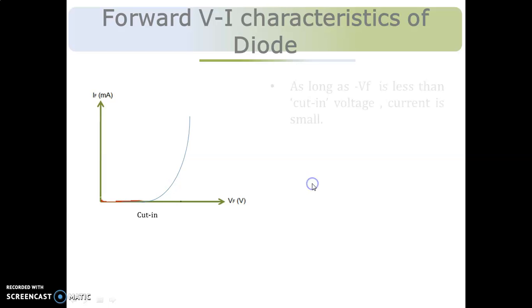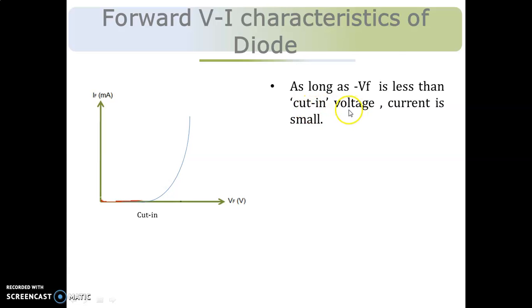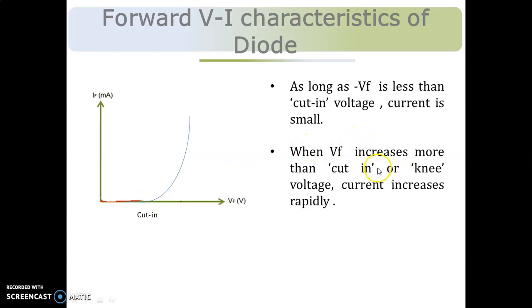So, as long as the VA forward voltage is less than the cut-in voltage, the current is very small. After the cut-in voltage, current increases rapidly. Now, the cut-in voltage for silicon type of material is 0.7 volt and for germanium type of semiconductor material is 0.3 volt.